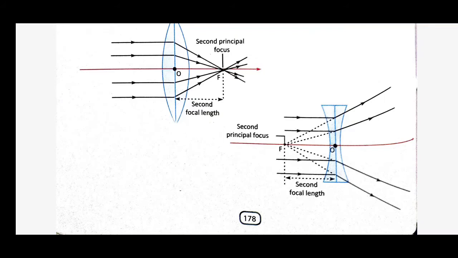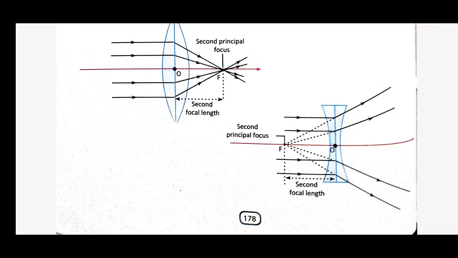But in the case of concave lens, see this figure. These are the rays which are incident parallel to the principal axis. They diverge after refraction through this lens, and we feel that these diverged rays are coming or originating from this point F, which is given by the dotted line.